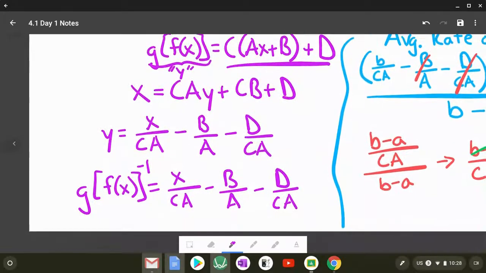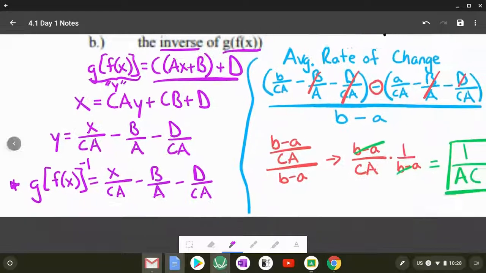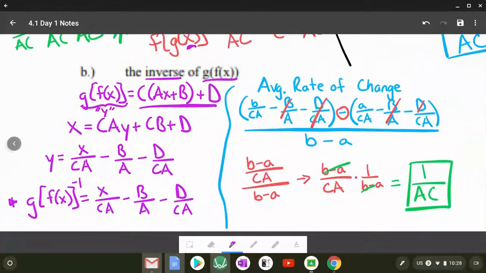When we did that, we got here. And then again, as we mentioned before, you're not done at that point. We're finding the average rate of change of the inverse of composition function g of f of x. So then that would be plugging in b minus what happens when you plug in a, all divided by the difference of the two x values on the interval.